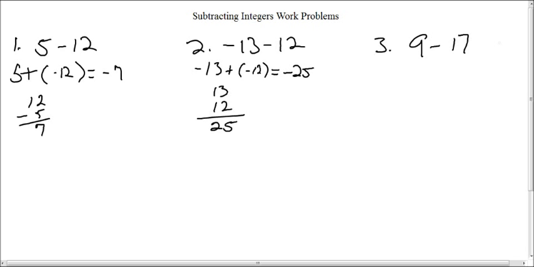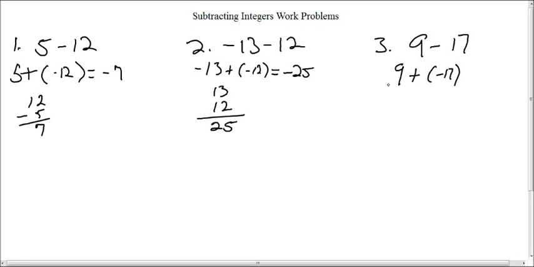Next problem, 9 minus 17. 9 minus 17 tells us to add the opposite of the second number, 9 plus a negative 17. Again, the rules for addition of integers.